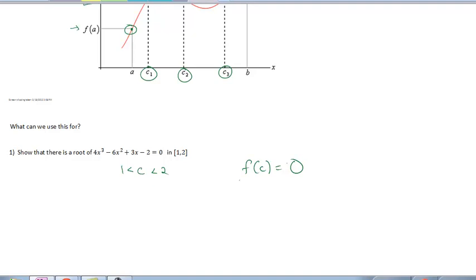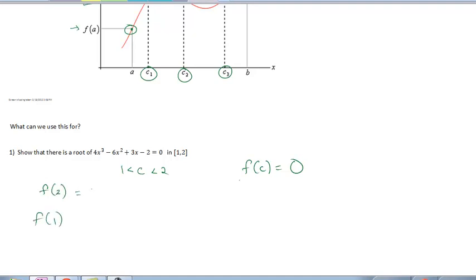Okay, now, I could go about solving this function directly. I could try to factor it, or it looks like I could group this and figure out what number I'm looking for. But ultimately, what we should realize is that the intermediate value theorem just tells us such a place exists. And what we do is say, well, if c is between 1 and 2, then I want to know what f of 2 and what f of 1 is.